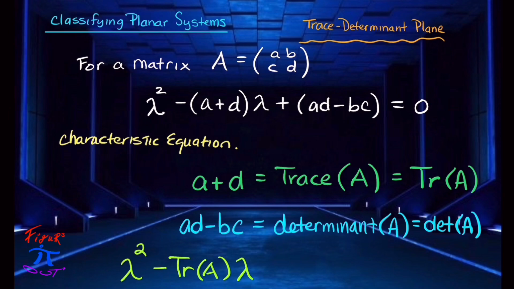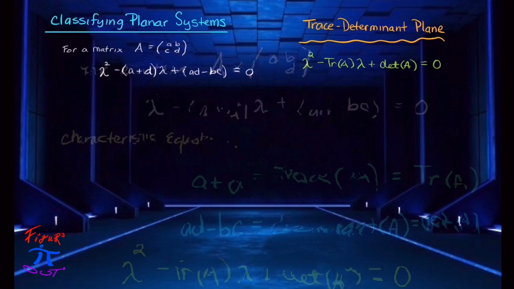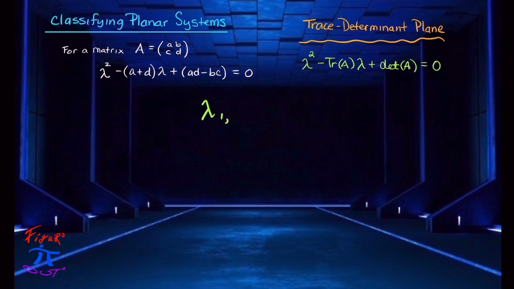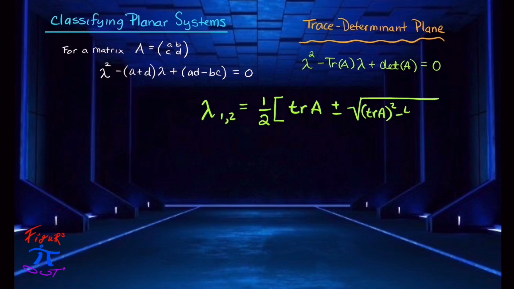So the characteristic equation is really lambda squared minus the trace of A, lambda, plus the determinant of A equals 0. And using the quadratic formula, we can generate the eigenvalues to be 1/2 the quantity trace A plus or minus the square root of the trace squared minus 4 times the determinant.